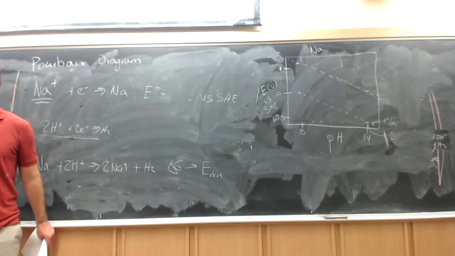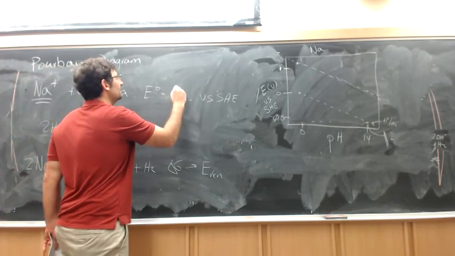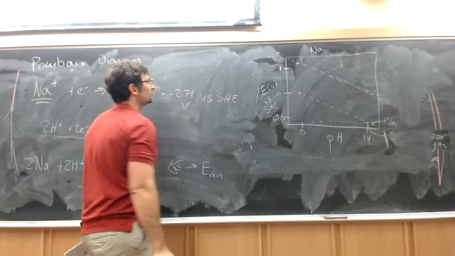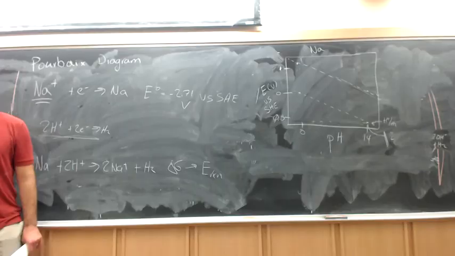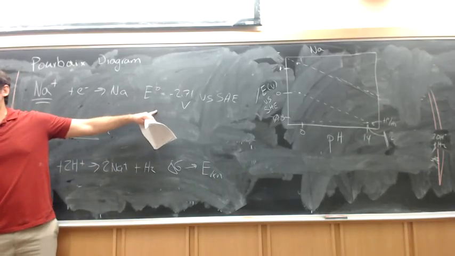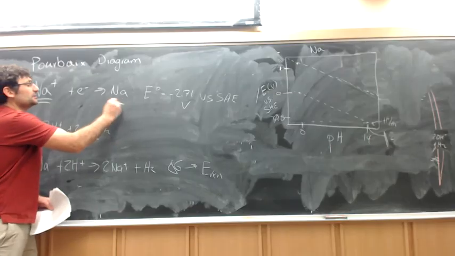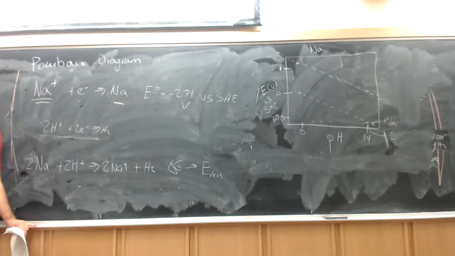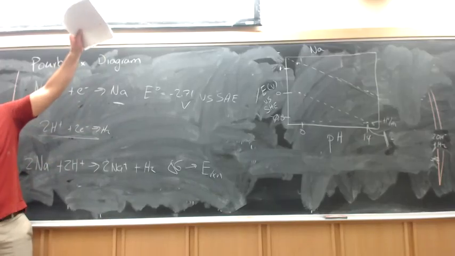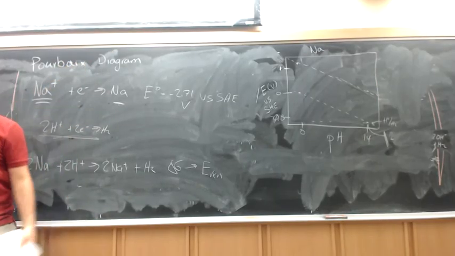So this is actually very negative, negative 2.71 volts versus the standard hydrogen electrode. What this is telling you is this is a very strong reducing agent. This species will donate its electrons to a lot of things. Anything that has an E naught more positive than that, it will donate its electrons spontaneously.